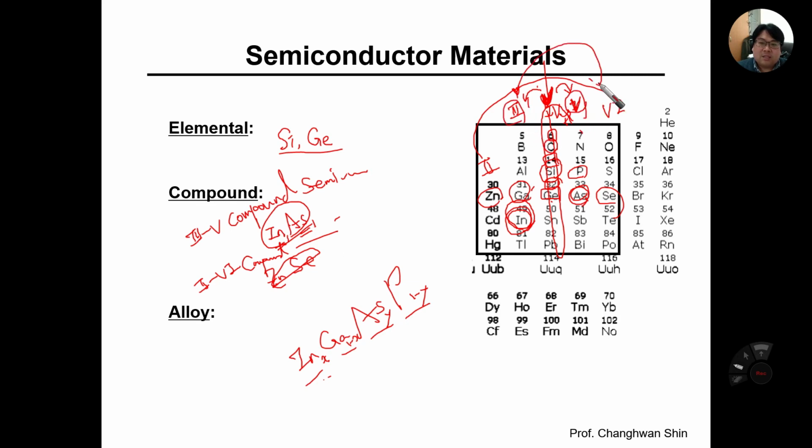3 and 6, this kind of combination cannot make up a working semiconductor material.